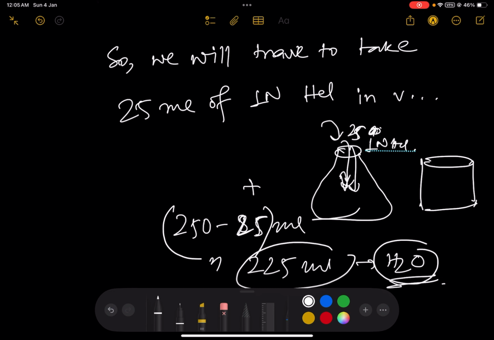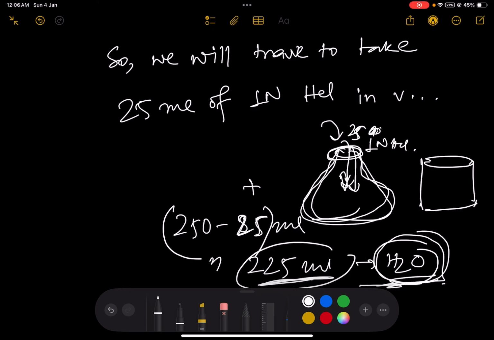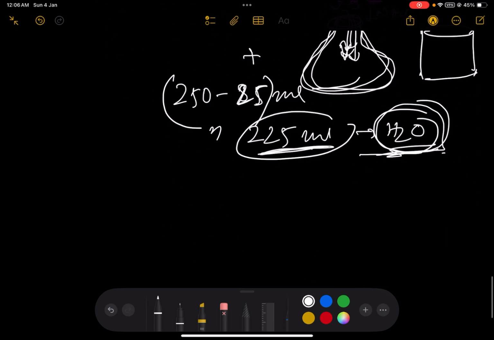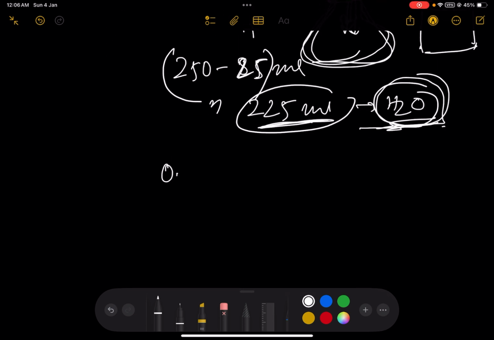Okay, you will add 25 ml of 1 normal HCl in this volumetric flask plus 225 ml of distilled water, and you will get 250 ml of 0.1 normal HCl solution.